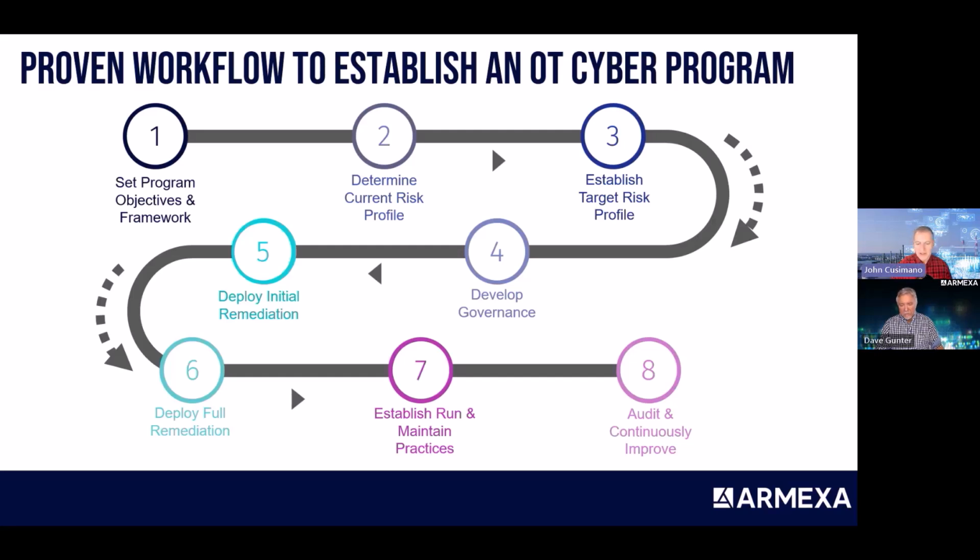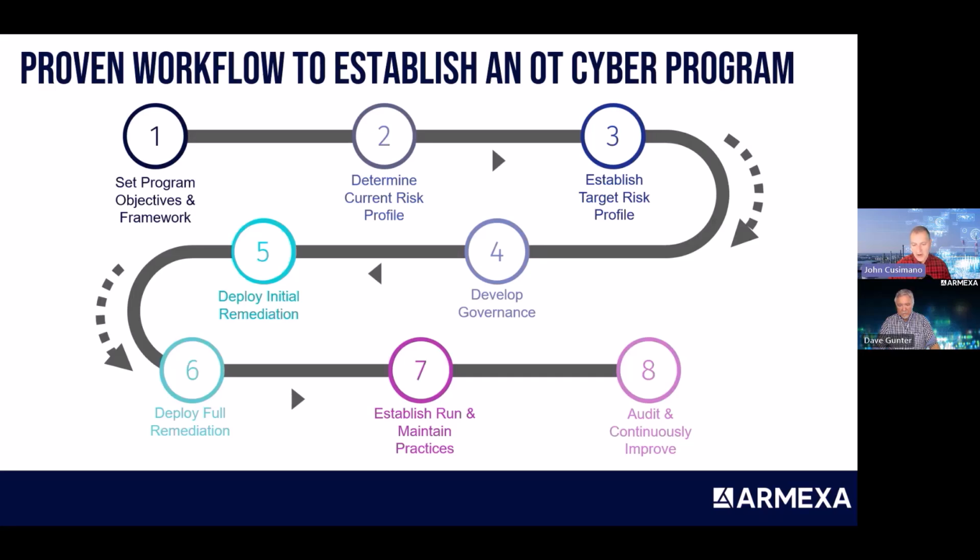Number 7 is establish, run, and maintain practices. Again, you shouldn't really wait till you get to number 7 to start thinking about how you're going to operate and maintain this technology. But you certainly need to have it in place by the time you're done deploying, so that you can turn it over to operations that's going to manage and operate it.